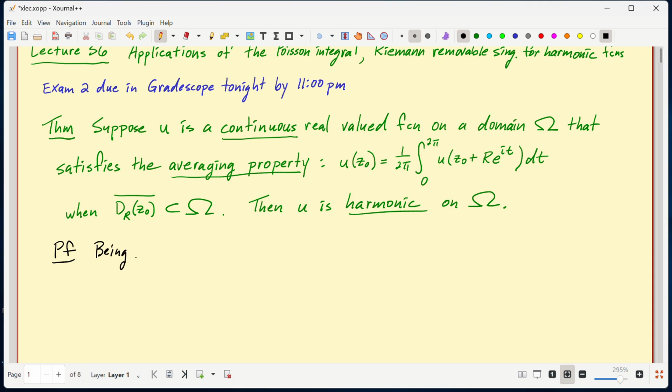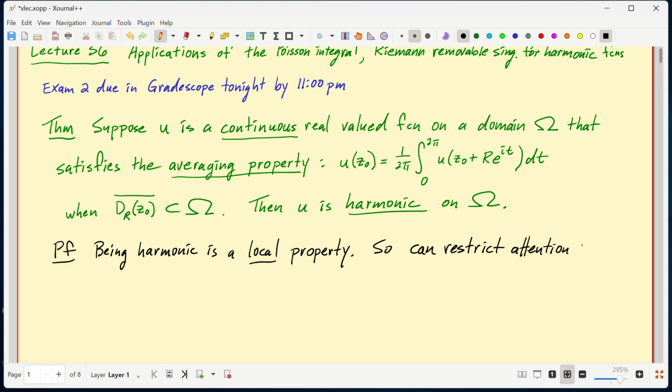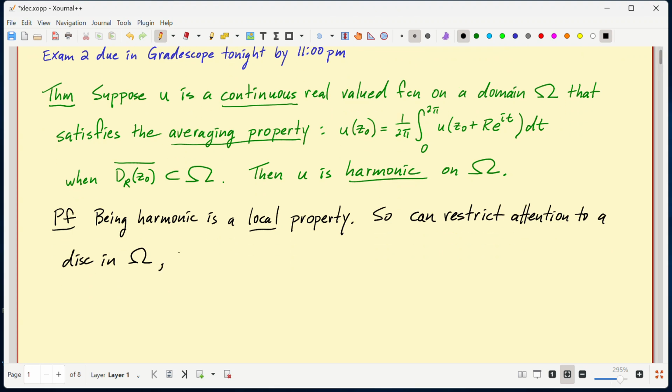So I can restrict attention to a disk, and in fact, a disk in omega, and by doing a change of variables, let's make the disk of radius r about z naught, closure contained in omega.